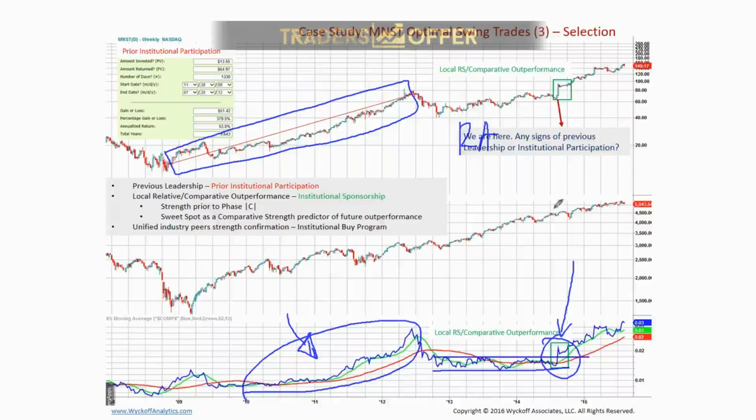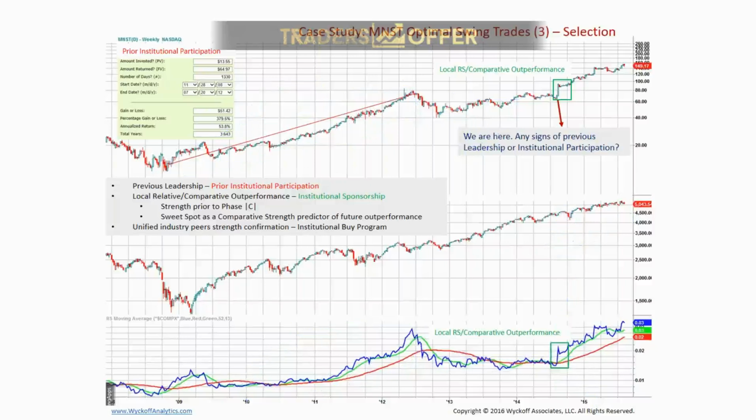Obviously we want to synchronize that with the potential point of entry right here, which is being shown to us by the market. So based on our time frame, let's say that we are long-term swing traders, we want to find the market entry, and we want to find the beginning of the outperformance, the return of the prior leadership, and we just basically want to enter it if the structure allows and if supply and demand allows.